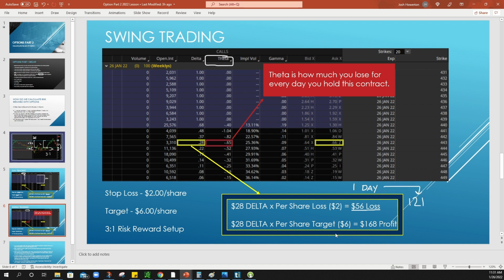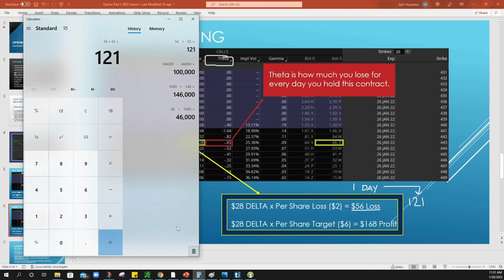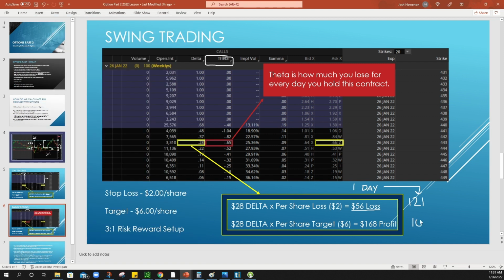I can do the same thing for profit. If I hit my profit target tomorrow, I hold that contract for a day. So I would make 168, but I held the option overnight, so I'm going to lose the theta. 168 minus the theta, 65. So my new profit would be 103.